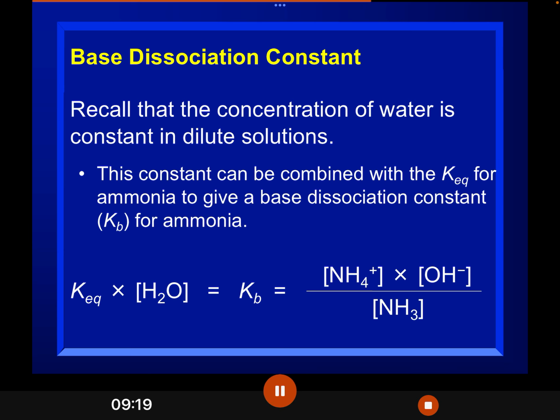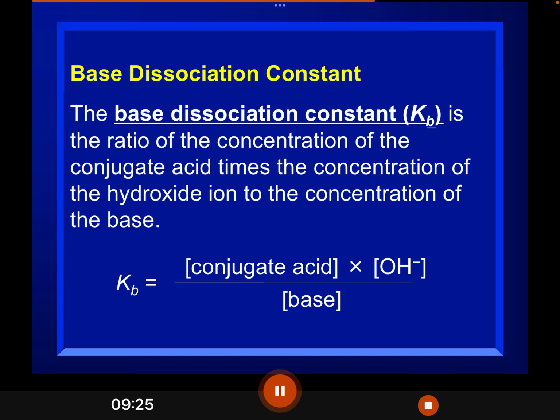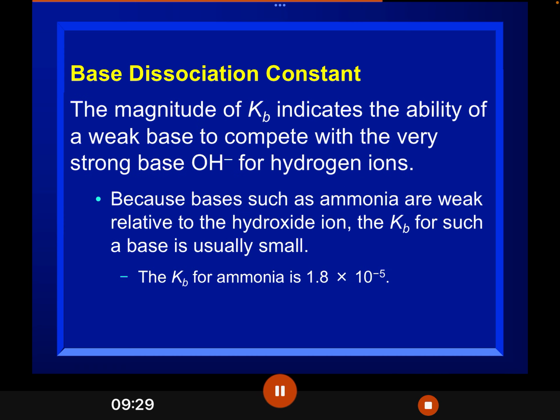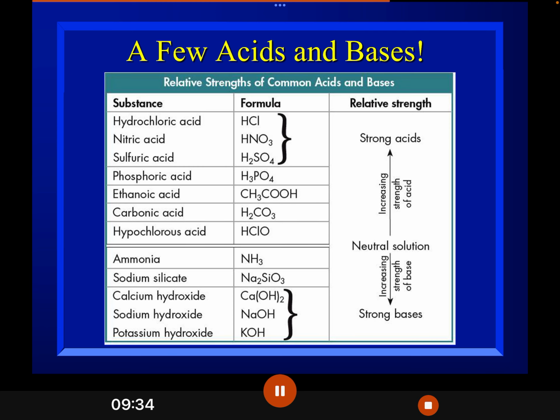The same concentration of water, base dissociation constant, conjugate over the base, and that. I don't really want to look at these too much. Here's just a few acids and bases and relative strengths. And these three were on our list for strong. And these, I think these three were on our list for strong. So all of these in here are weaks.